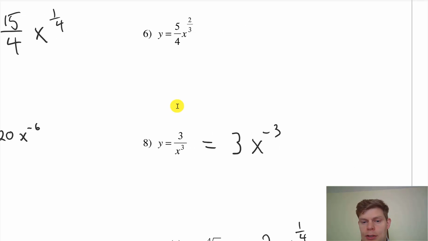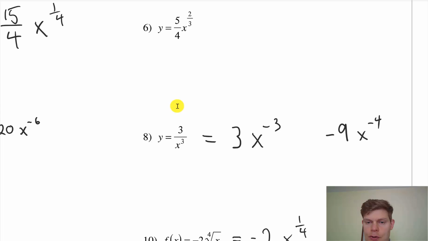And then same deal, 3 times negative 3 gets us our new coefficient, because old coefficient times old exponent is our derivative's coefficient. So we have negative 9, and then to find our new exponent, we subtract 1 from our old one. So x to the minus 4, as minus 3 minus 1 is minus 4. And that's our derivative.